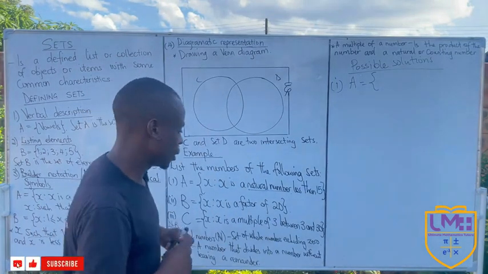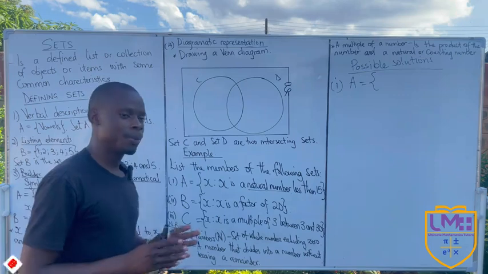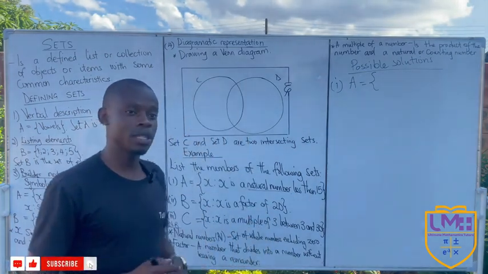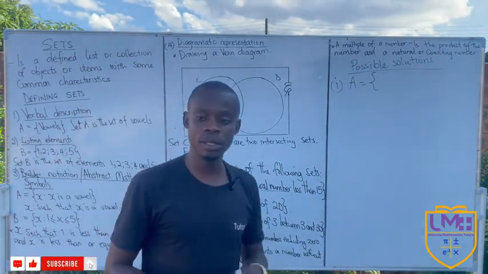Natural numbers are whole numbers excluding 0.